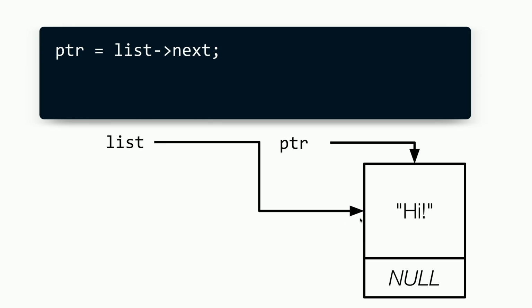And since list is pointing to high, we're going to go into this node, go into the bottom box, and then record null as the next thing that PTR is pointing to. Obviously, in this case, less interesting because it's just null, there's no next node, but we still do this operation.